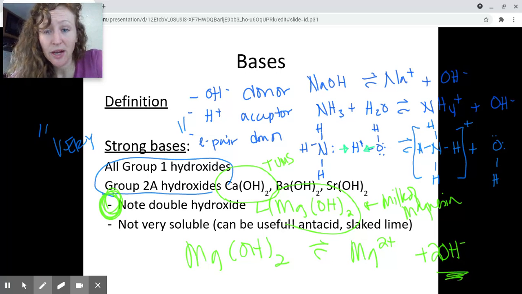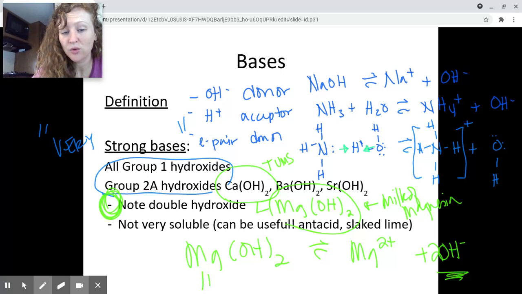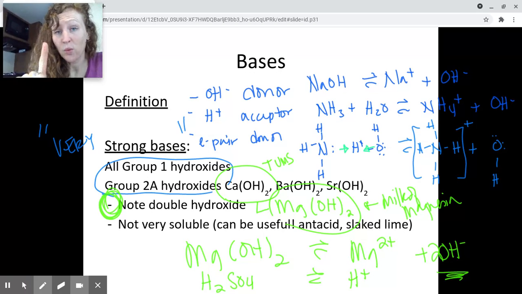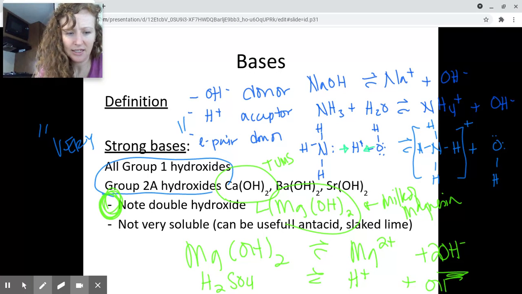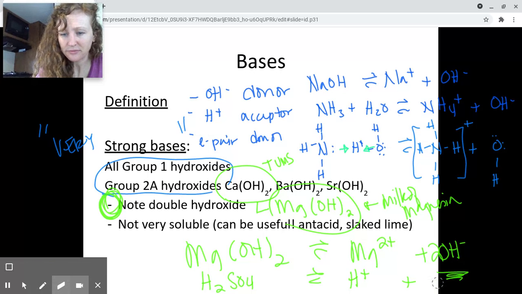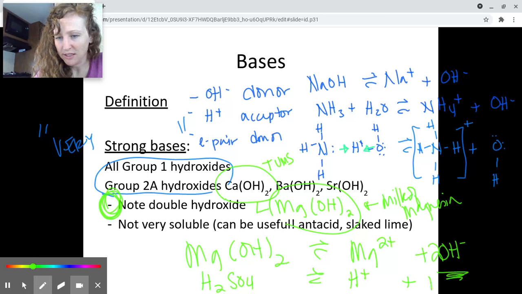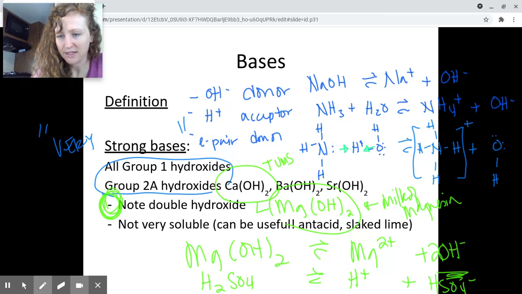Acids don't do this, right? If we have something that has two acidic hydrogens, like sulfuric acid, for example, when it dissociates, it's just going to dissociate one of those hydrogens, and the other hydrogen will still be stuck to the anion, HSO4 minus, right?